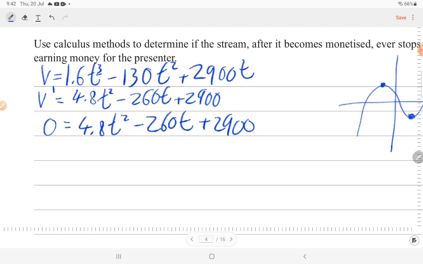So 0 is equal to 4.8t squared, take away 260t plus 2,900. We could just plug this into our calculators again: 4.8, negative 260, 2,900. If you do not have a calculator, use the formula t is equal to negative b plus or minus the square root of b squared take away 4ac, all over 2a, to figure out what t is equal to.